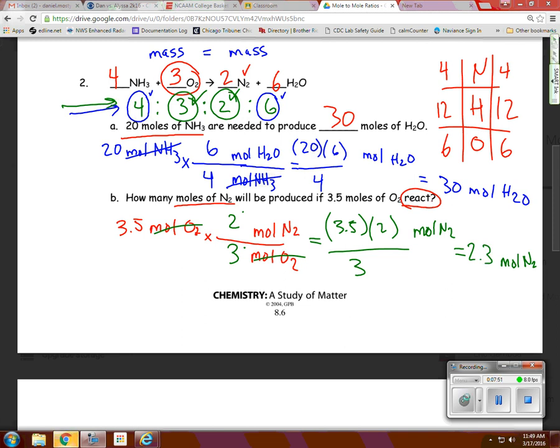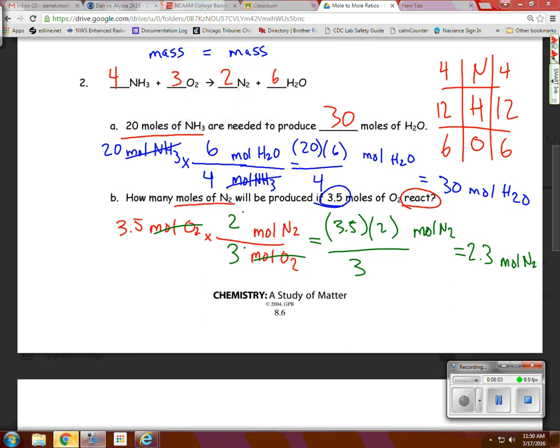So basically, it's just like that bike factory example. We have 3.5 moles of O2. If you look at the reaction a little bit closer, we could probably predict that it should be about 2.3 moles. Here's what I'm talking about. We had 3.5 moles of O2.